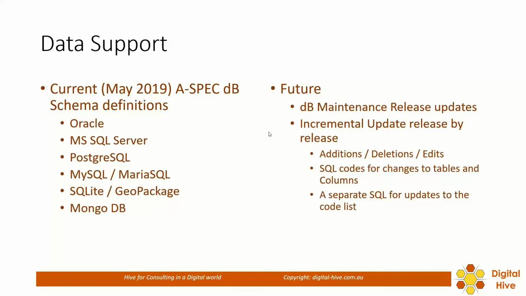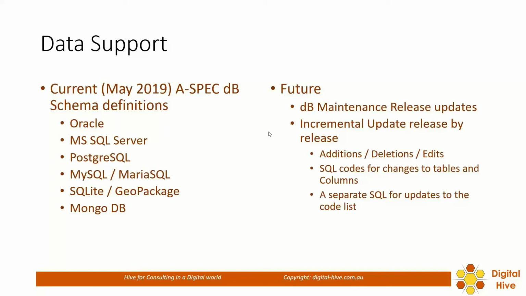One of the things that we are providing is data support in terms of the current spec. We've taken the current spec and converted it into schema definition files, SQL files that you can use to create an entire schema in either Oracle or any of the other database formats listed over there.